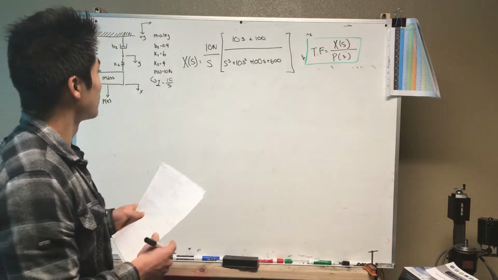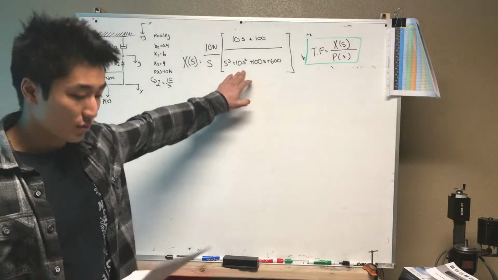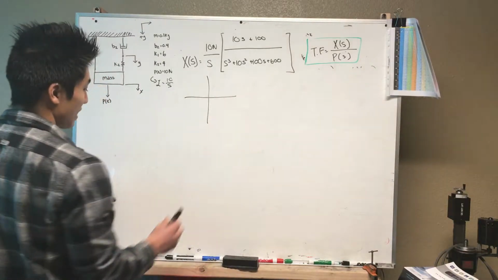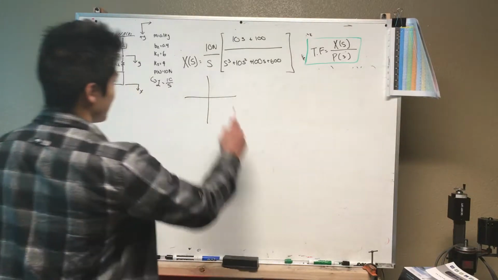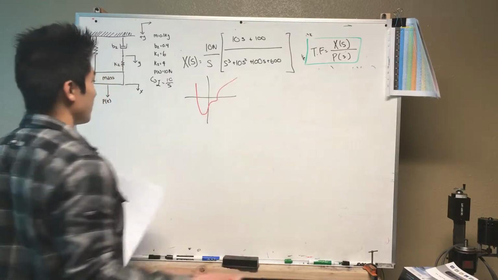So the easiest way to break something like this down is to actually graph it. And when you graph it, let's say hypothetically you have a graph, and since it's a cubic, let's say you have something like that.